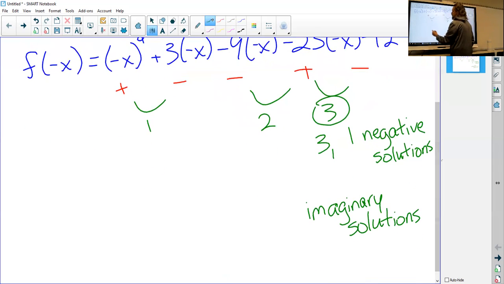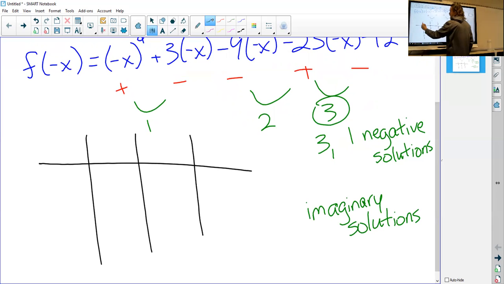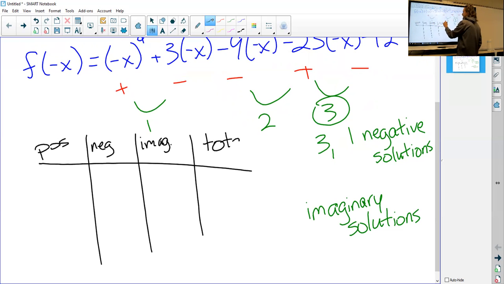So what we do is we make ourselves a happy little table here. We have positive solutions, negative solutions, and imaginary, and then total. I know the total is always going to be 4 here, because we have x to the fourth power.